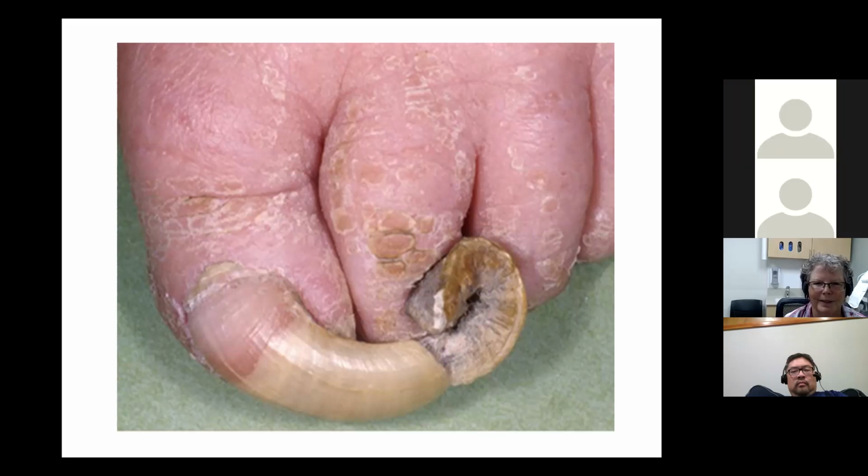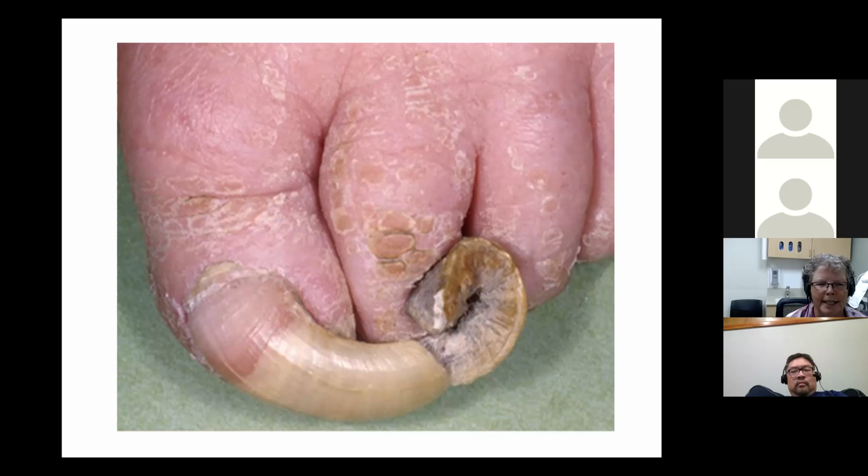Is there any role for topical corticosteroids in the setting of an ingrown toenail to reduce inflammation related to soaking? Oh, that's a great question. I have not seen that help that much. When the skin is inflamed along the edge of an ingrown toenail, I just haven't seen it do much.